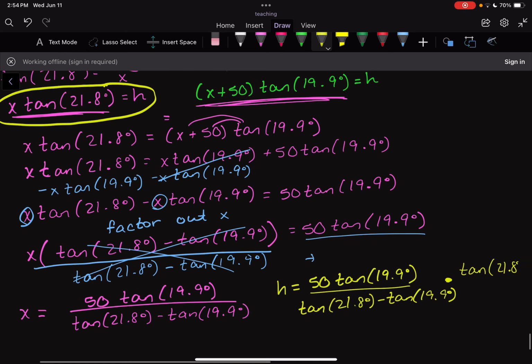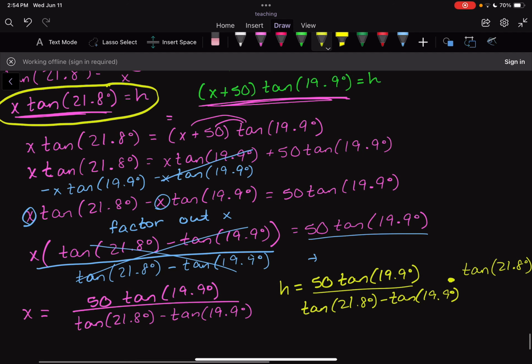I'm running out of space, let me write that better. Now again, just as a reminder of what I just did, I looked at this equation up here, the one I circled in yellow, and I plugged in the x value, which is what I just solved for, into that equation.